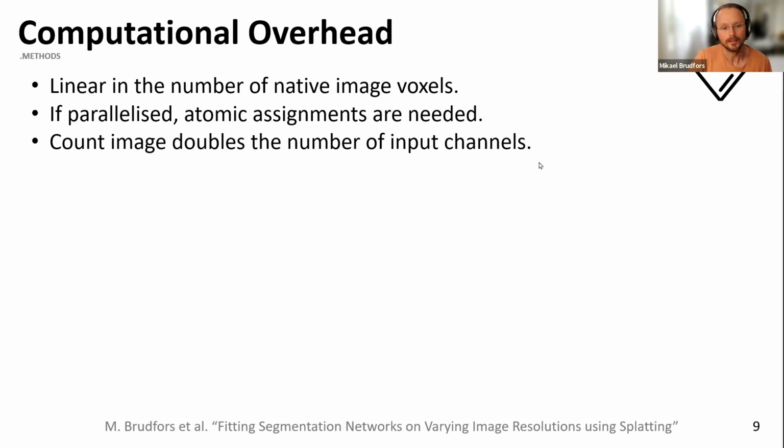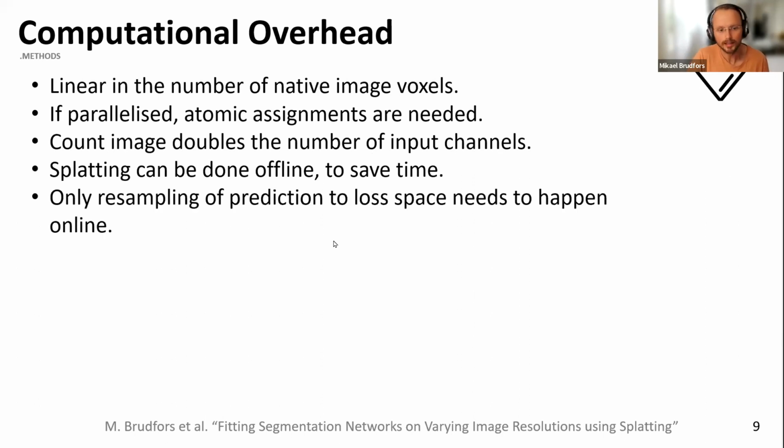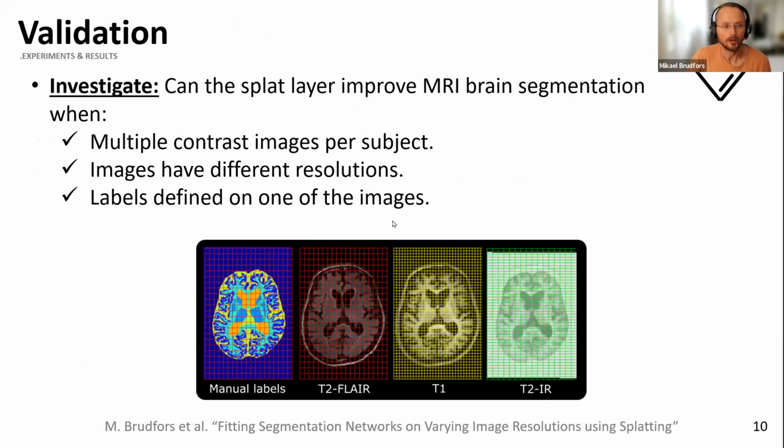And also the count image basically doubles the number of input channels into the forward pass, because we need the information from this count image. Okay, but the splatting operation can be done offline beforehand, which saves time, and then what only needs to be done online is this resampling at the tail of the network that I was talking about.